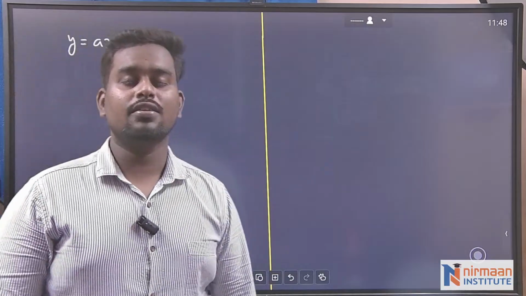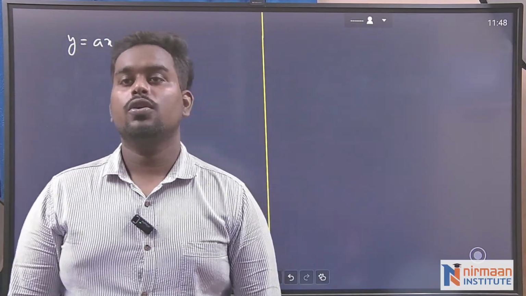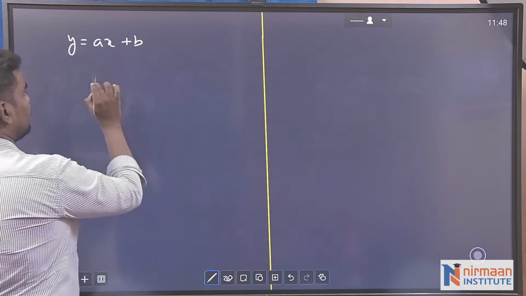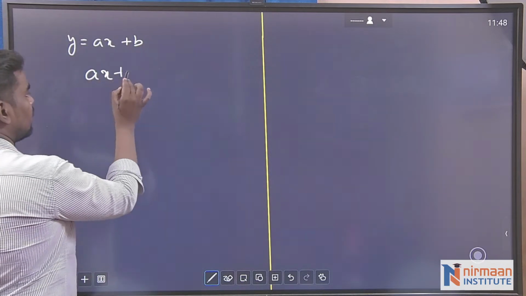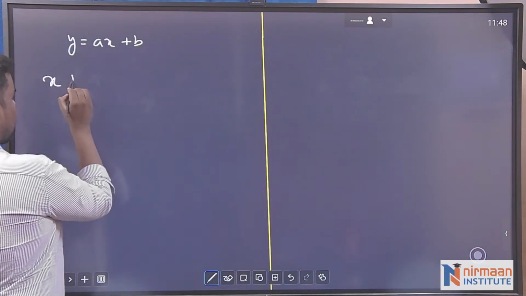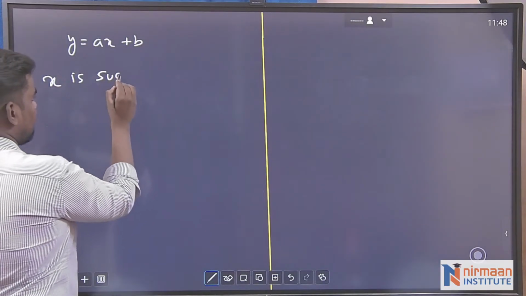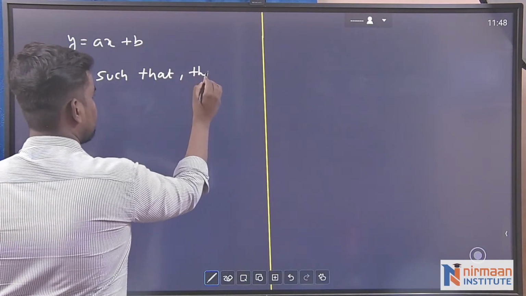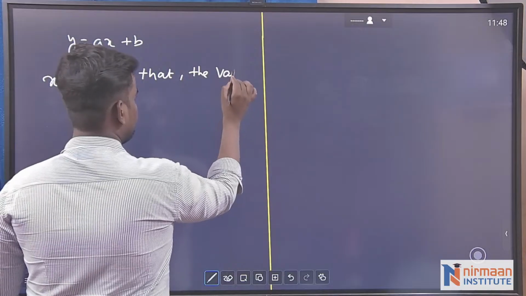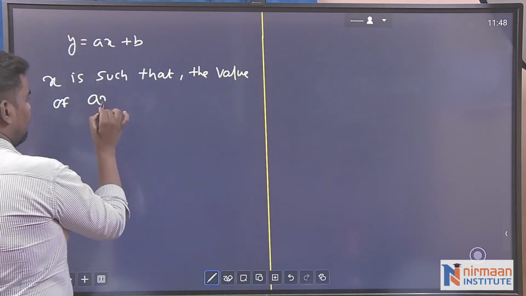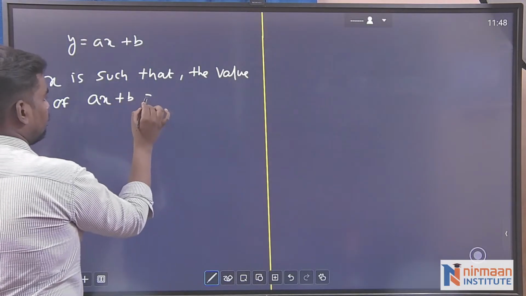So if I write y equal to 0, then x is such that ax plus b equals 0.